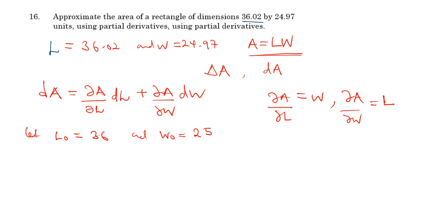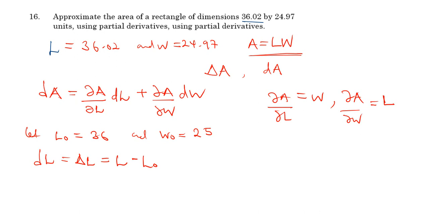After finding these best values, I can use them to find the change in the dimensions, that is dL and dW. dL is the change in length, which is equal to the L given in the question minus the best value.